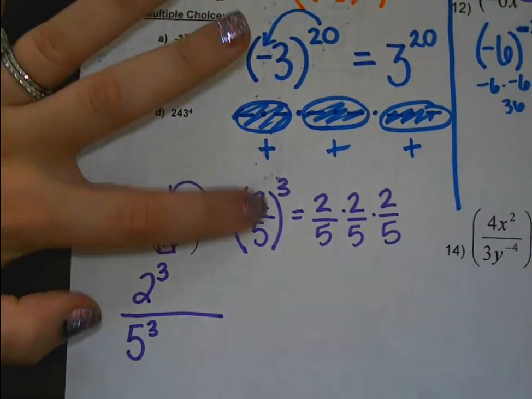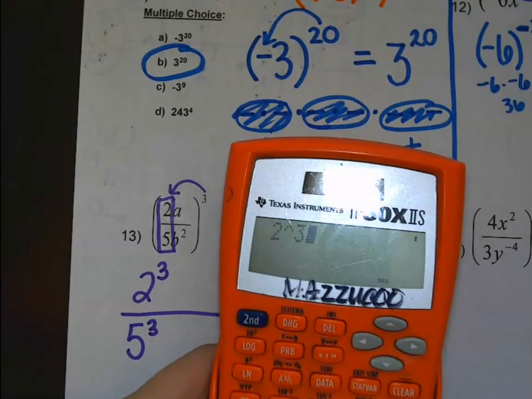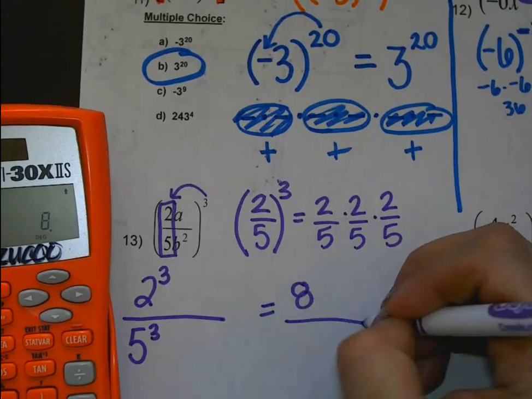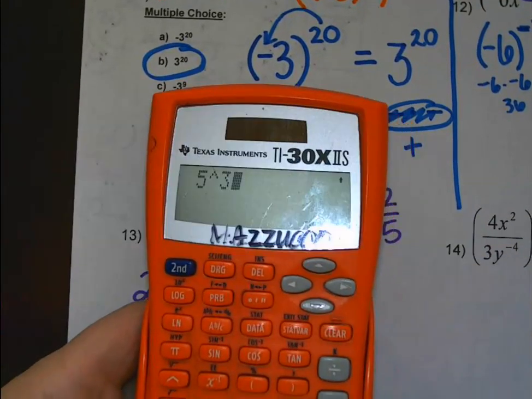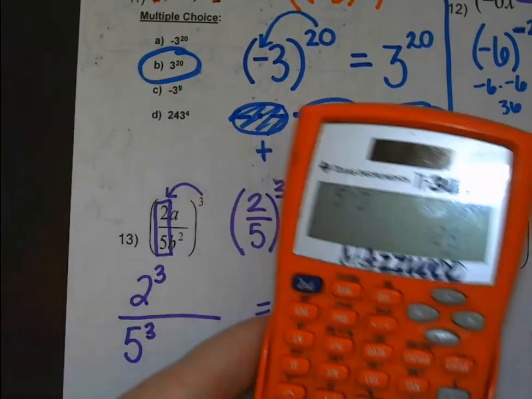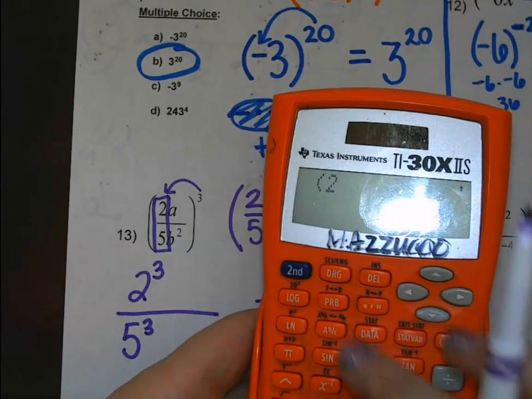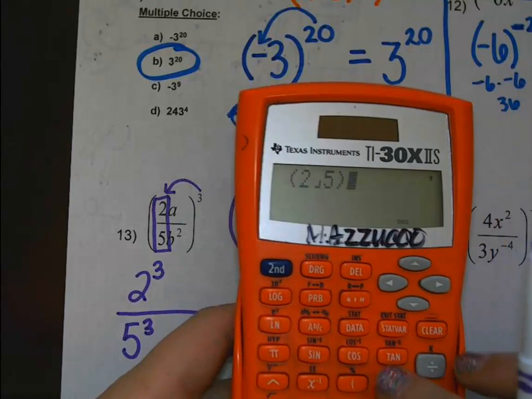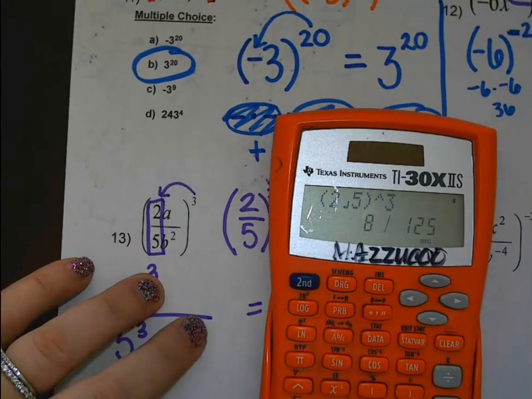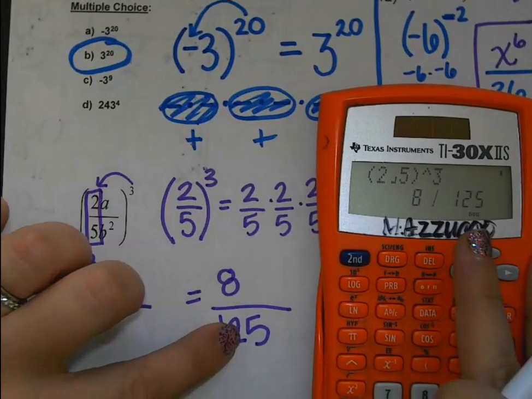So instead of doing 2/5 cubed, we could do each one individually and do 2 to the third power is 8. And 5 to the third power is 125. Or you could do the whole thing to the third power and you could do 2/5 raised to the third power, and we get 8 over 125.